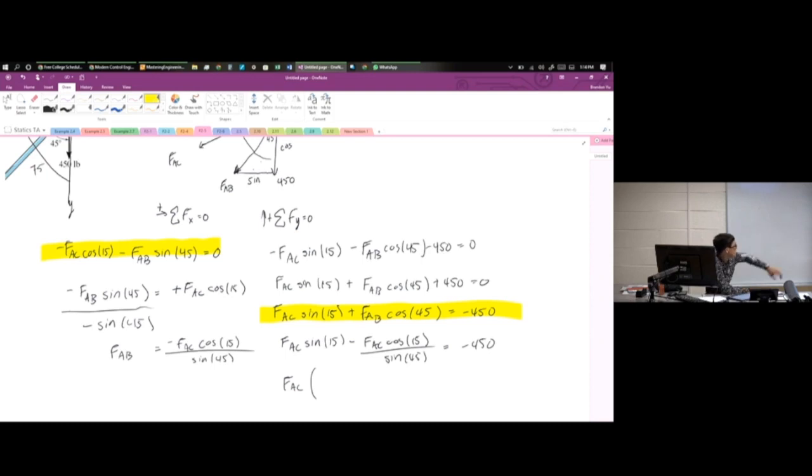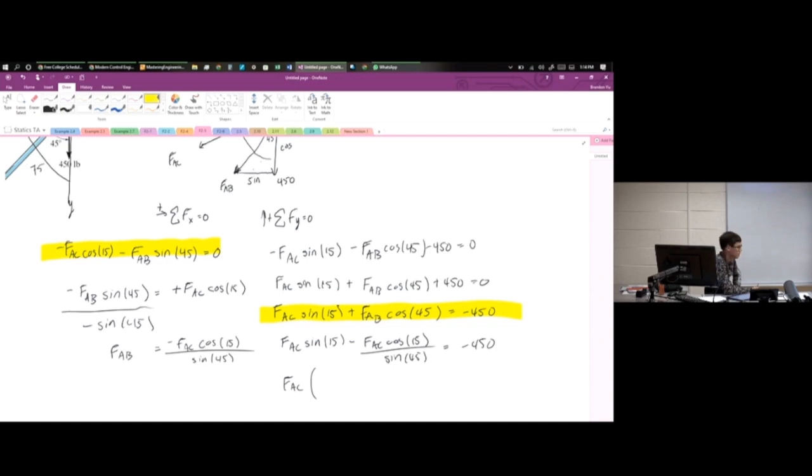So I would solve the left side for either FAC or FAB, doesn't matter which one you do, and you plug it into the right side to then solve for your remaining variable, right? Yeah, I think it's just if FAB is negative FAC cosine 15 over sine 45, then that be multiplied times cosine 45. You're just substituting for FAB, right?